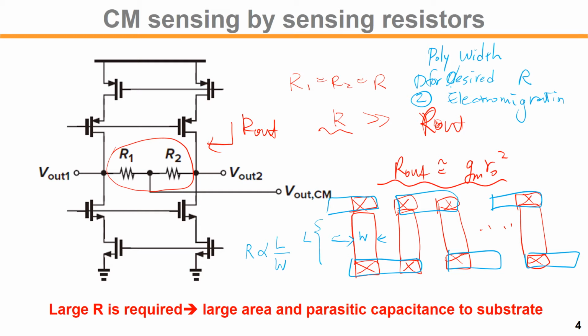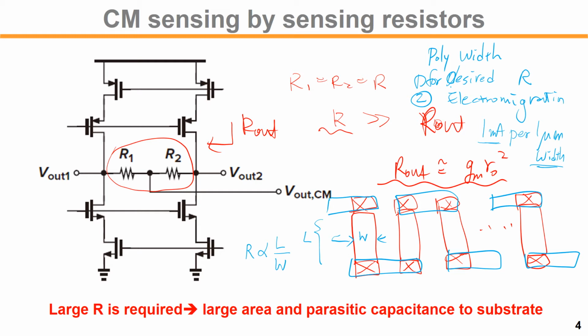The maximum current is roughly 1 milliamp per 1 micrometer of width. You should always double check with your technology file, since the PDK provides the right number for the maximum current. This is just a rule of thumb, 1 milliamp per 1 micrometer.